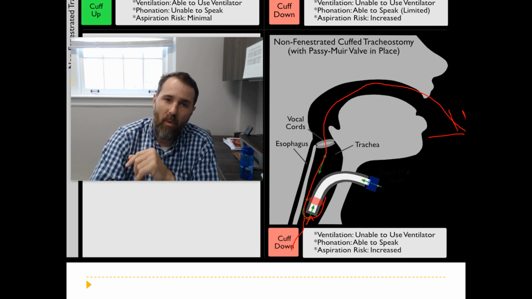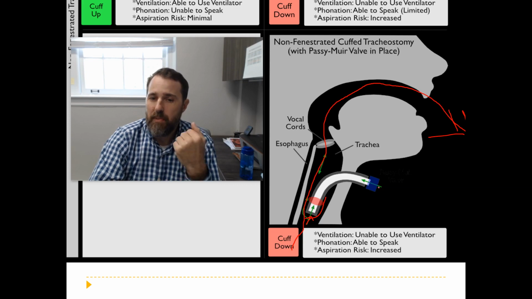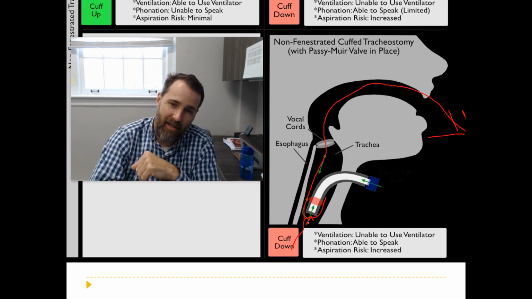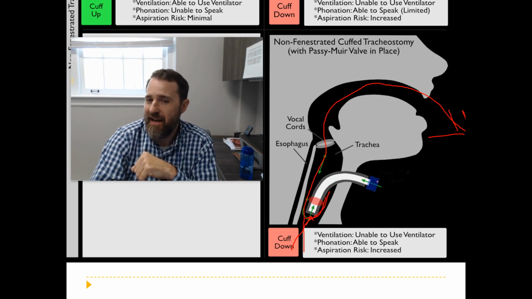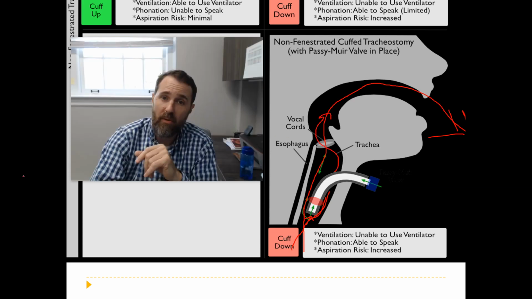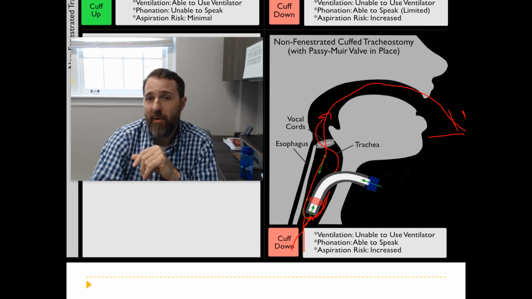The speaking valve only allows for inspiratory air to pass into the tracheostomy tube. So no expiratory air is going to pass out through the tracheostomy tube. It's all going to be directed up between the vocal folds, allowing phonation to happen.